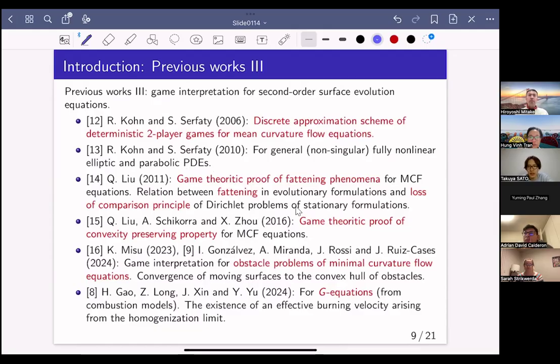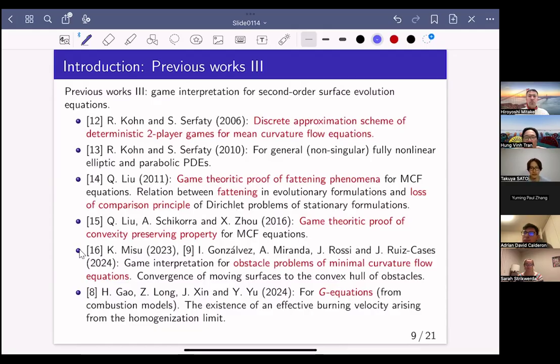They showed flattening phenomena for the evolutionary equations and a convexity preserving property by using this game theoretic approximation without using advanced PDE techniques. The relation between the flattening phenomena in evolutionary equations and the loss of comparison principle for the stationary formulations is studied.